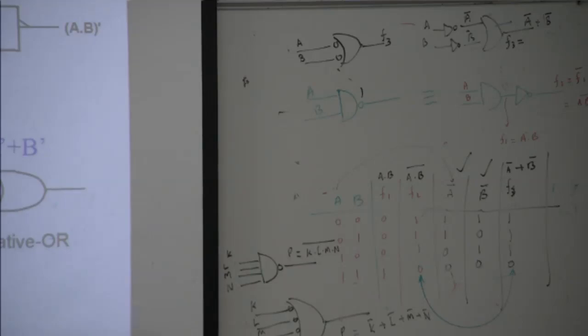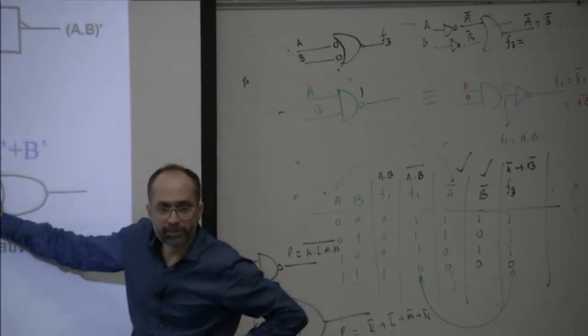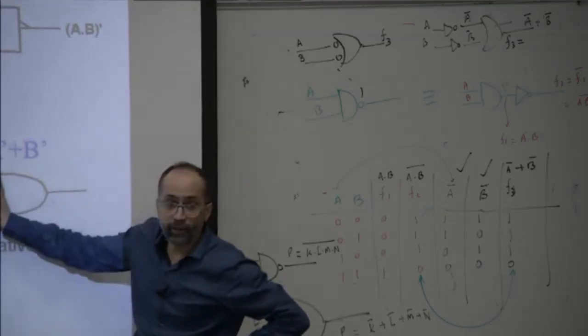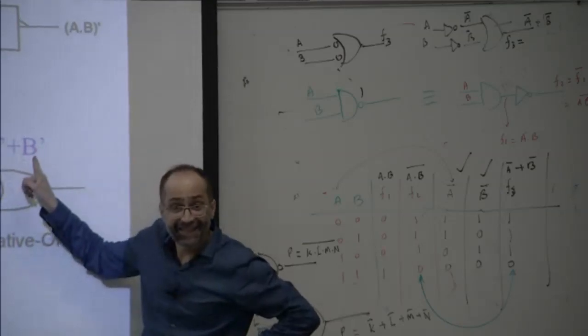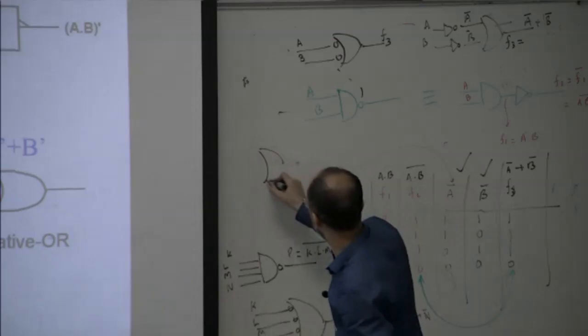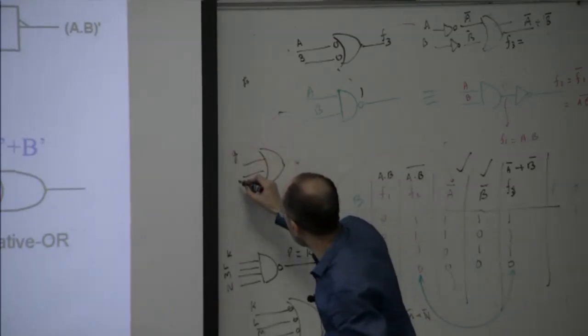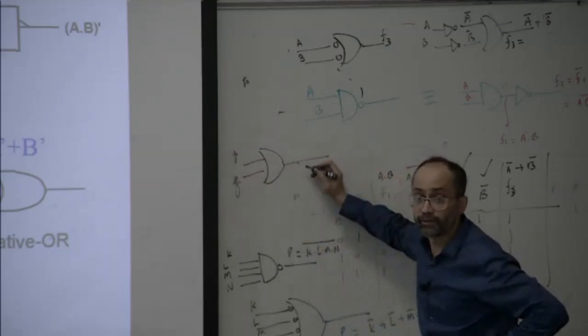He is asking what's the difference between a normal OR gate and a negative OR gate. In a normal OR gate, there are no bubbles here, so this function is A plus B. Let's assume you have this OR gate with inputs Y and G. How can we write the expression?